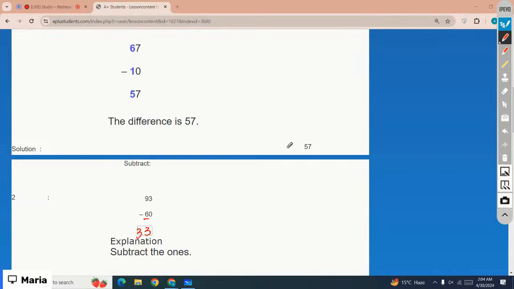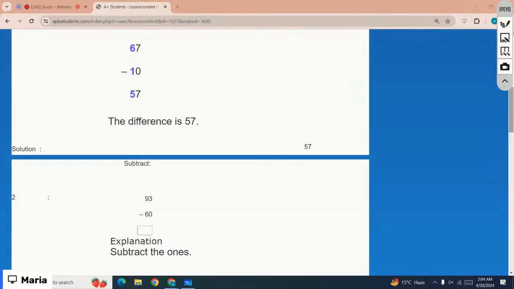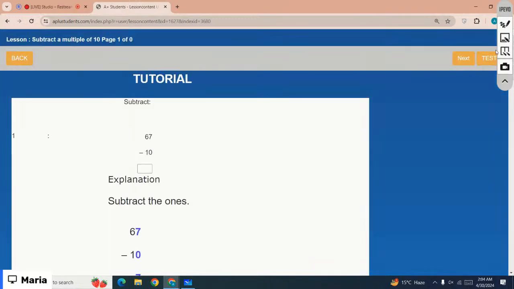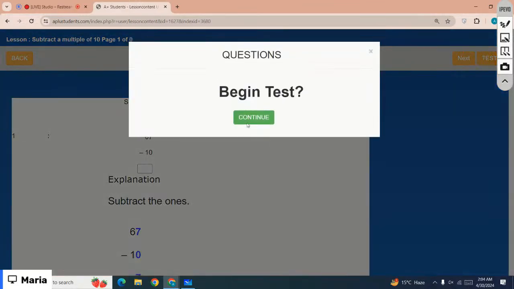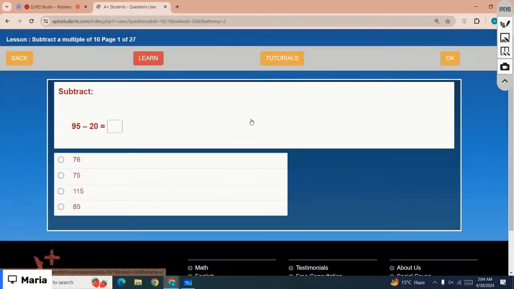Let's start with the test questions. Subtracting multiples of 10 is very easy. The first question is 95 minus 20.